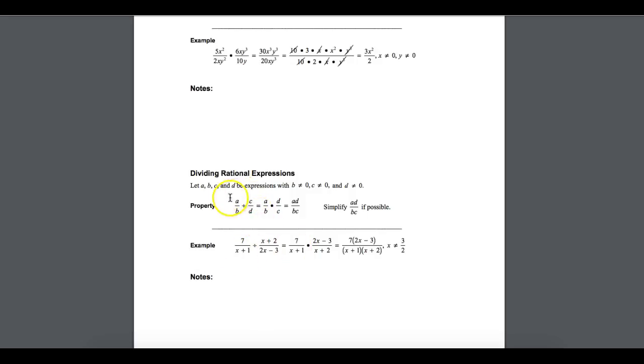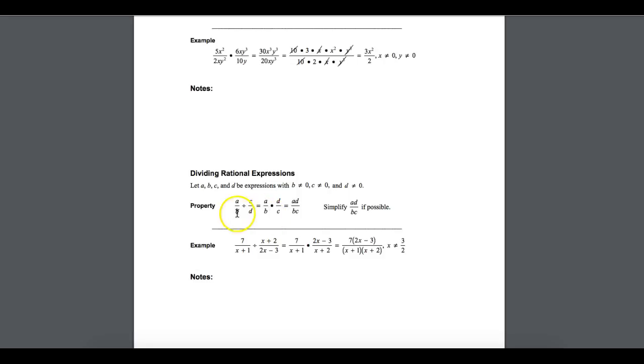So here's one of our properties. Our property of division is that if you've got two fractions, so let's say a over b divided by c over d, you've already learned this if you remember back to your basic division of fractions. If you're dividing by a fraction, that's the same as multiplying by the reciprocal.